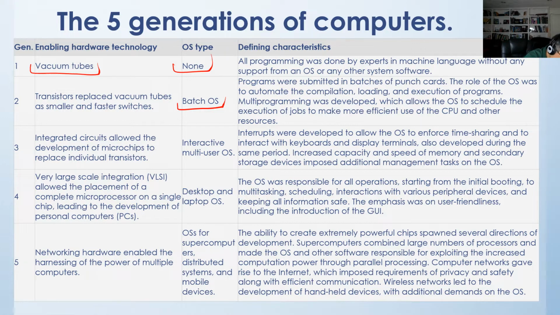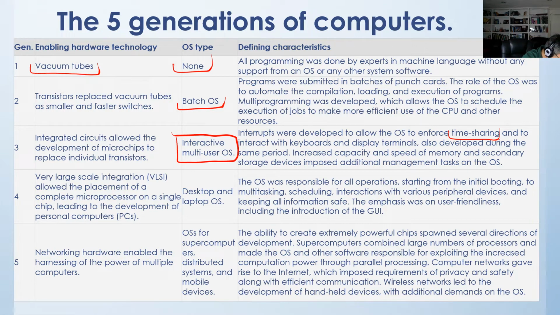The operating system becomes more powerful. It can do interactive multi-user operation, so that means the machine can support multiple users. They start to support multi-processing. Also, time sharing was introduced at the time, so the computer system can actually switch different tasks during the operation.